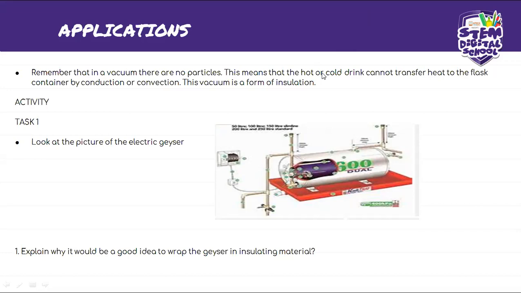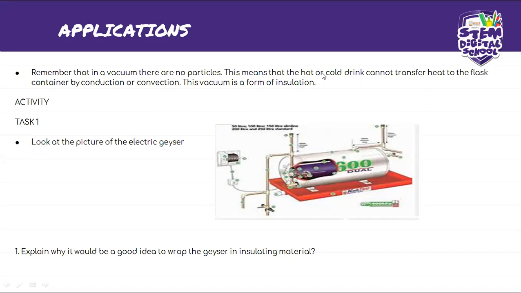The number of moles is going to be a problem. So then you need to make sure that everything is intact, be it conduction, convection, or radiation.